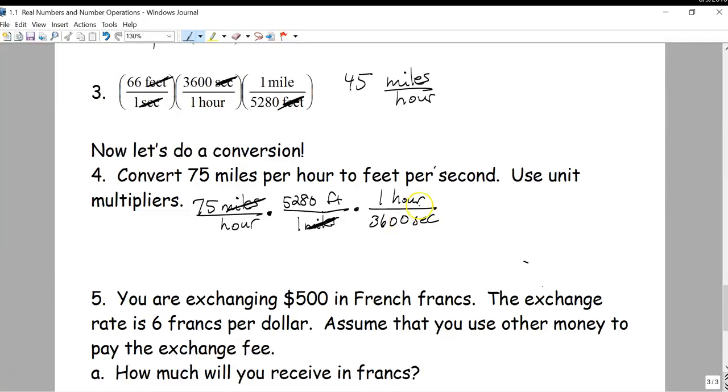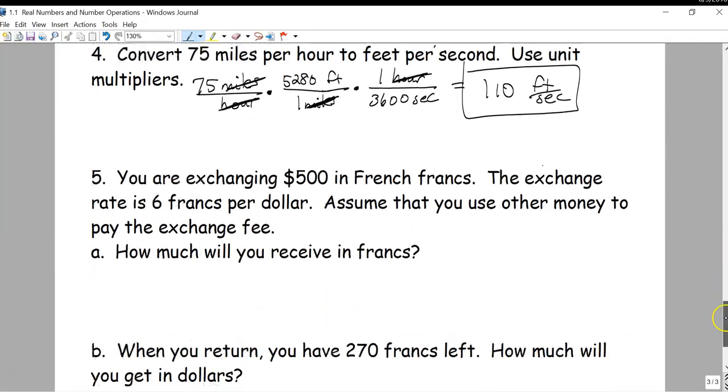Notice I put the 1 hour in the numerator because over here we started with hour in the denominator, so we're going to cross those out. Now I'm in feet per second, so all I have to do now is multiply 75 times 5,280 and then divide that by 3,600, and I get 110, and my units are feet per second.